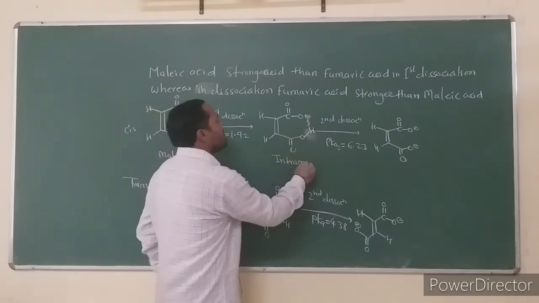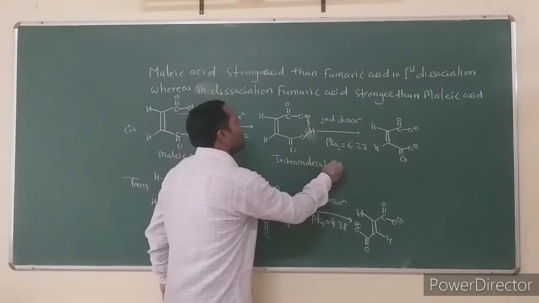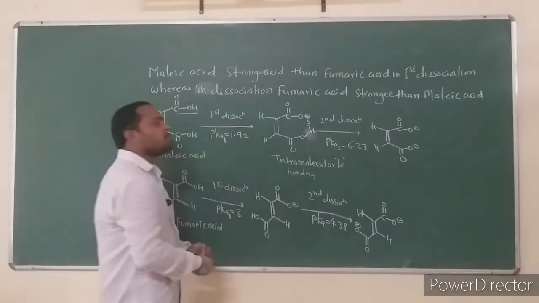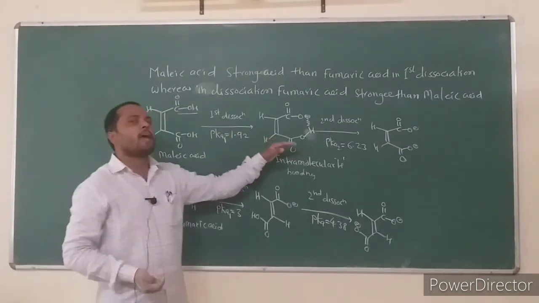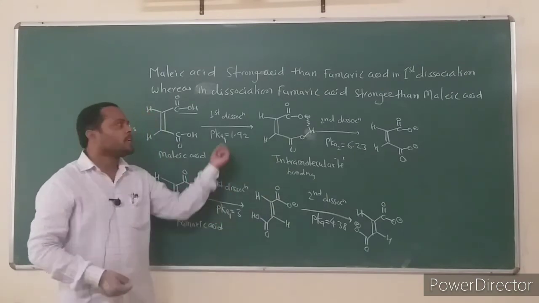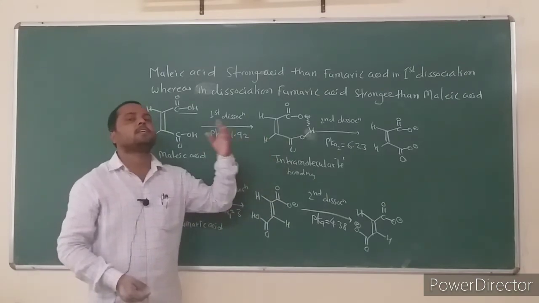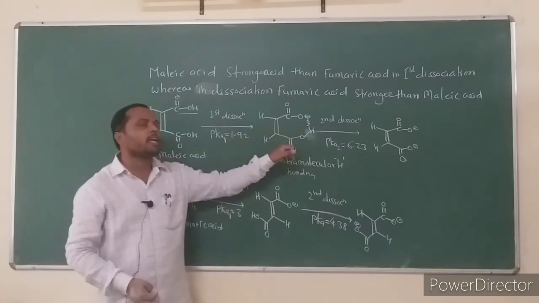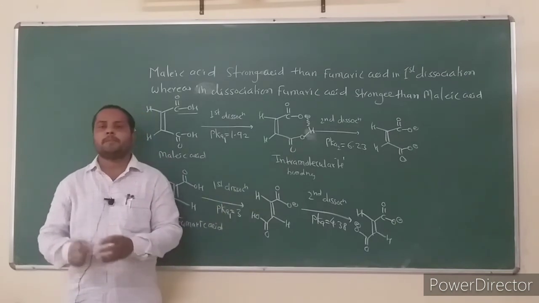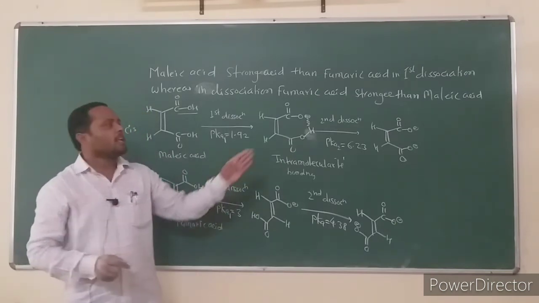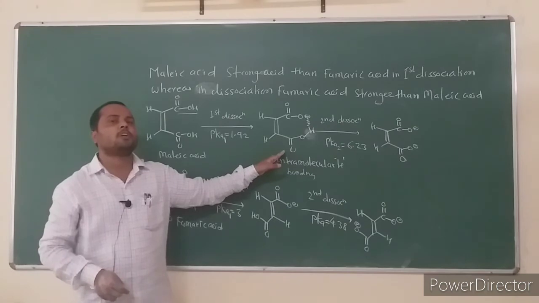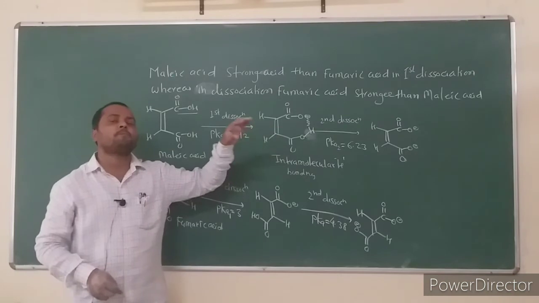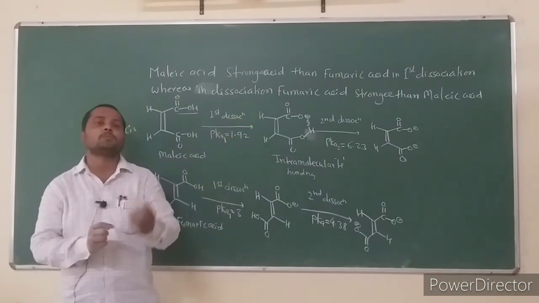Malic acid on first dissociation forms the conjugate base, and due to this intramolecular hydrogen bonding, the conjugate base of malic acid in the first dissociation is more stable.